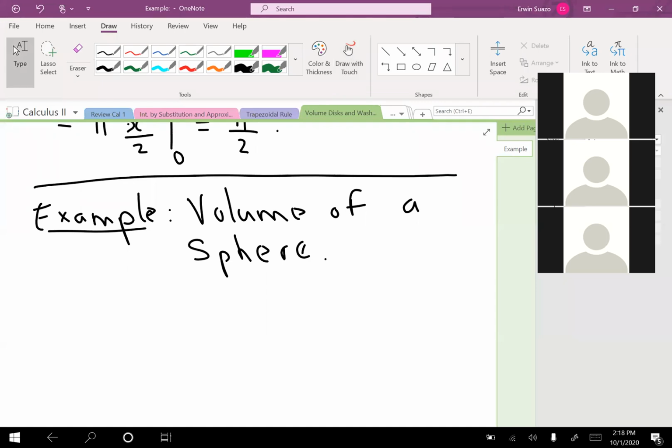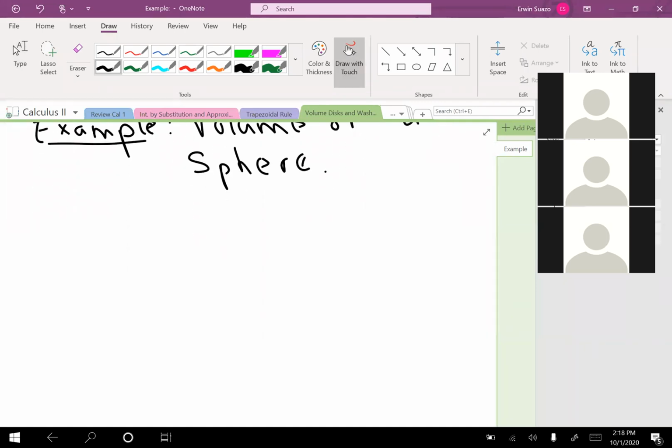So let's say we are in 3D and we have a sphere.